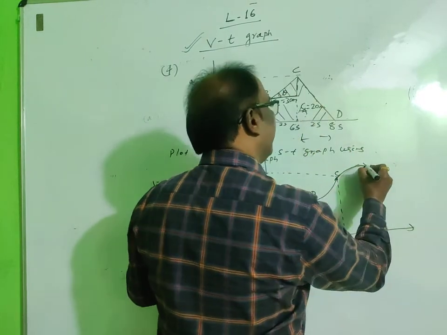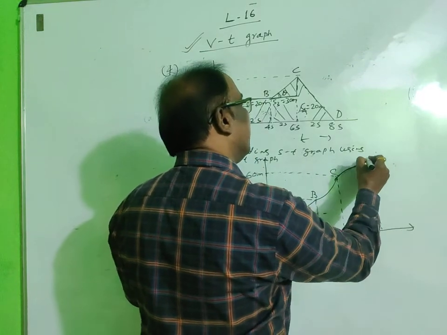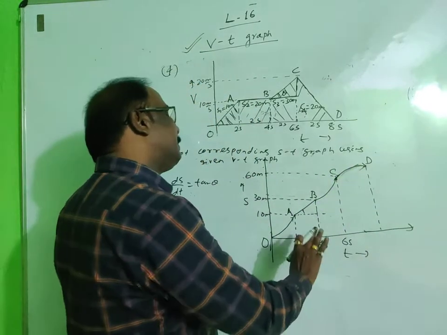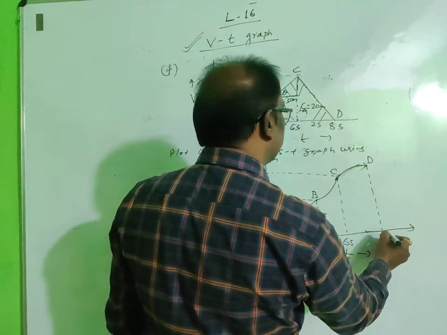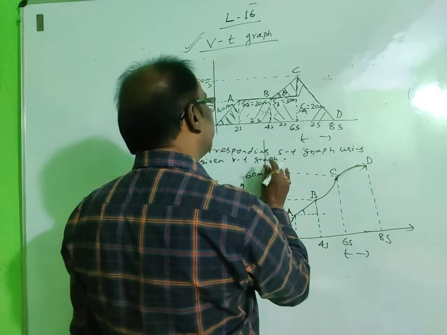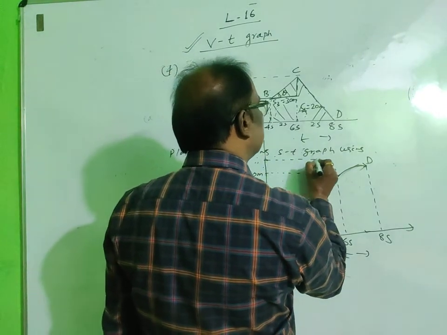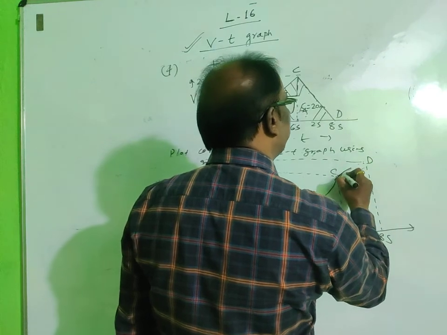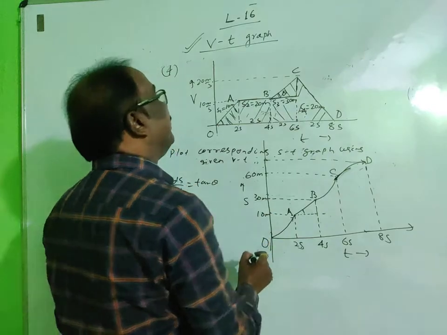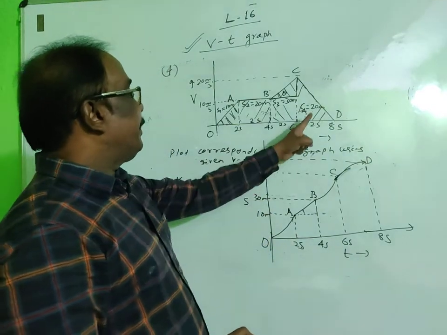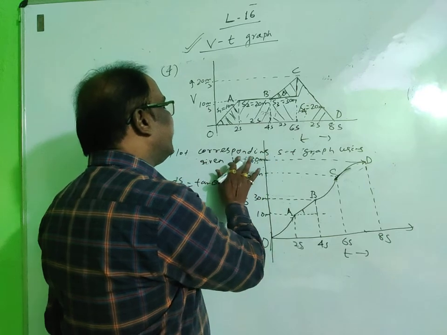All these we have discussed. This is C and this is D. The graph is a curve bending downward and time is 8 seconds. And the total distance corresponding to D is 60 meter plus 20 meter, total distance is 80 meter.